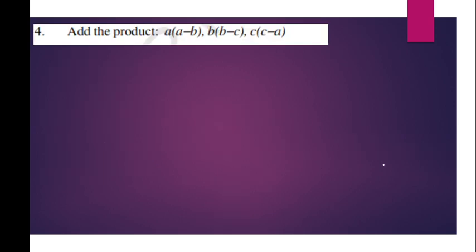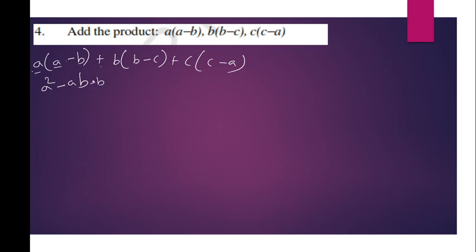Add the product: a into a minus b, b into b minus c, c into c minus a. First what I will do, I will do the multiplication. A into a minus b plus b into b minus c plus c into c minus a. This is what they asked us to write. So let's do it. A into a square minus a into b, ab, plus b into b, b square.